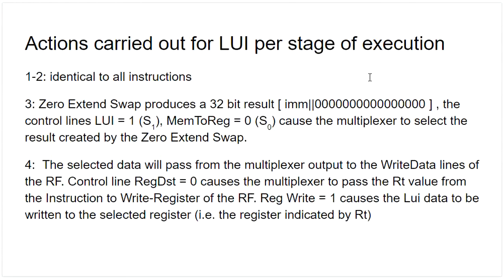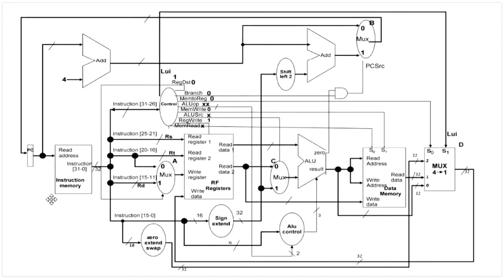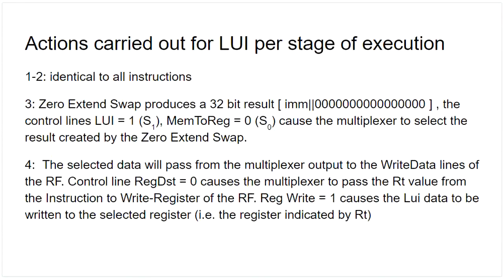The control line register destination is set to 0. That's over here, set to 0. This control line is set to 0, so that the multiplexer will choose the RT to go to the register, and not the RD, which is irrelevant here. It causes the multiplexer to pass the RT value from the instruction to the write register of the register file.